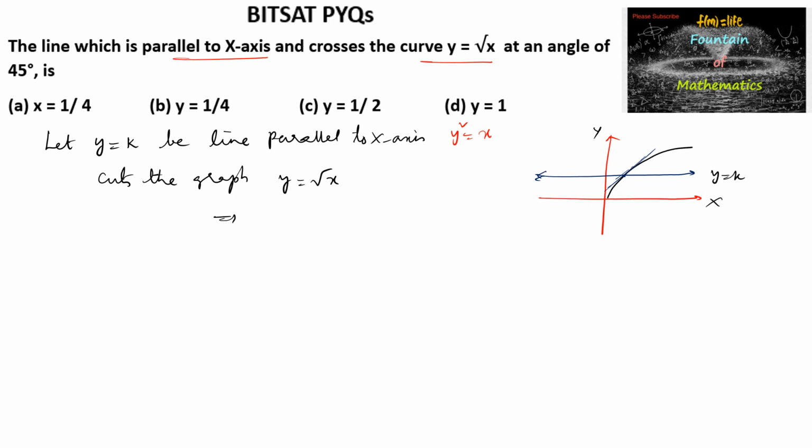So which implies k is equal to root x, or we can write x is equal to k square. So when y is equal to k, the point of intersection can be k square comma k.